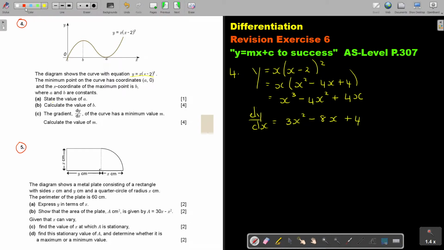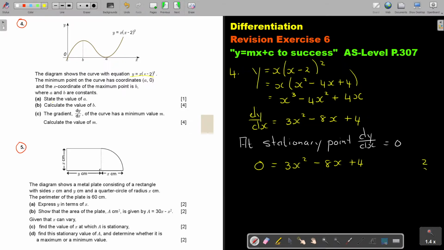Okay, now at the stationary points dy over dx is equal to 0, meaning that I'm going to put a 0 there, and then I'm going to factorize.